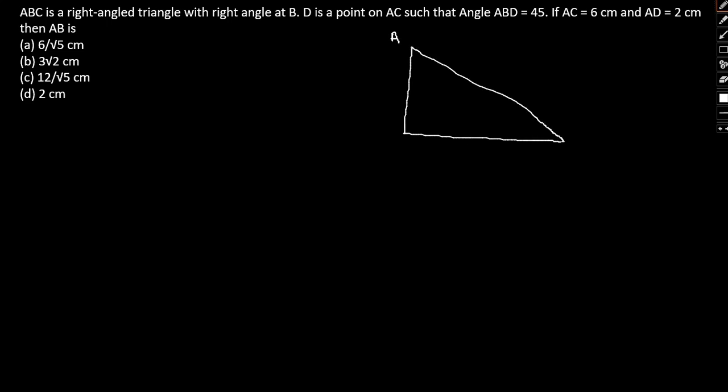So this is A, B, C. Here angle B is 90 degrees. Now we have an angle bisector. Say this is D. This angle is 45, this angle is 45, AD here is 2, DC being 4, AC being 6.